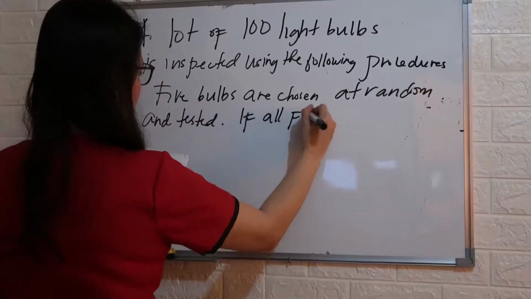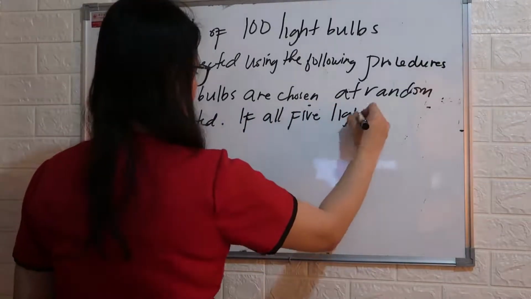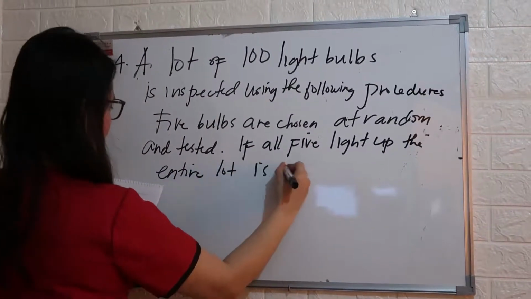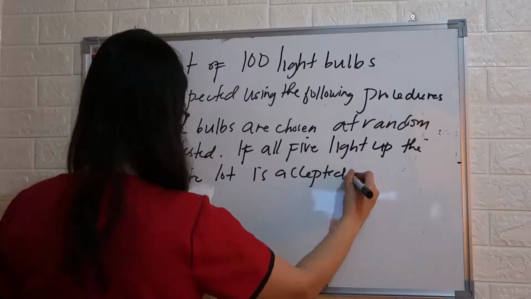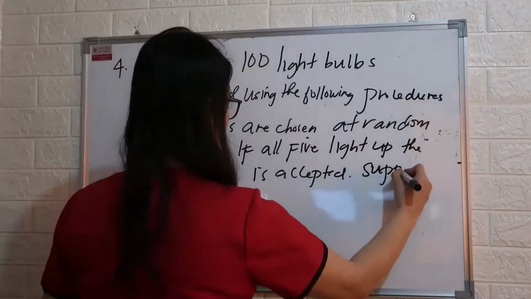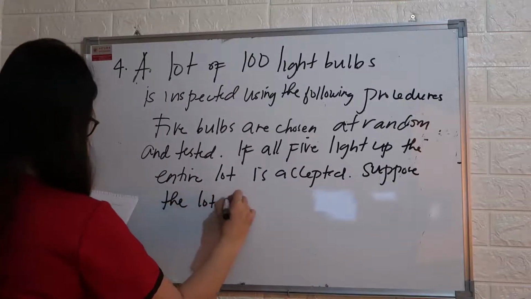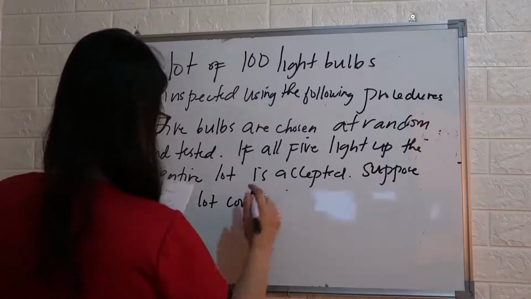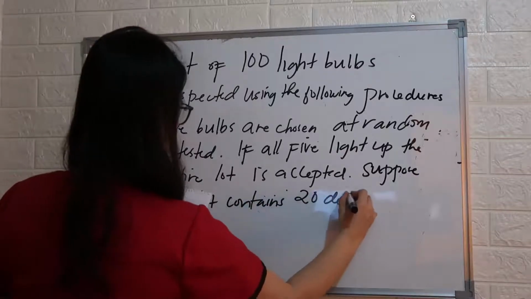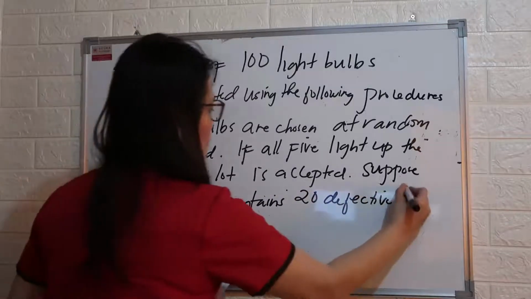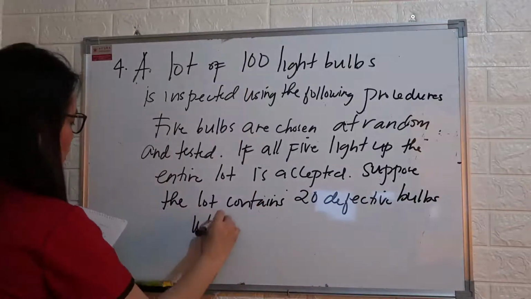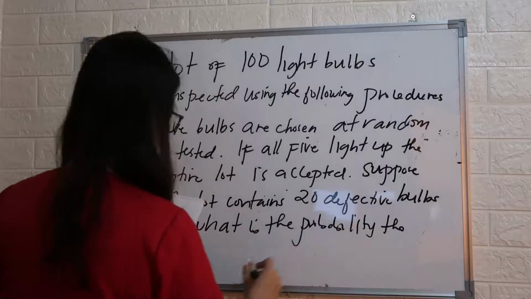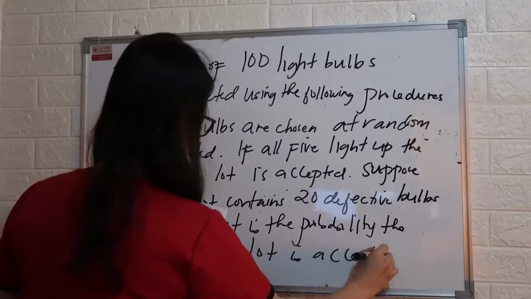If all 5 light up, the entire lot is accepted. Suppose the lot contains 20 defective bulbs, what is the probability the lot is accepted?